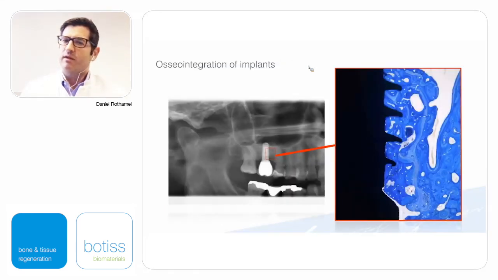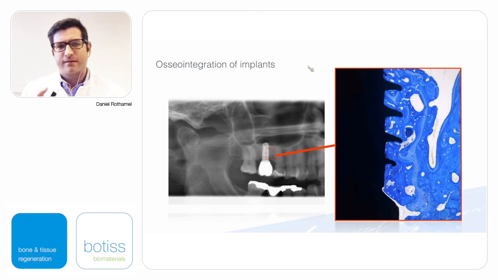When we think about the prerequisite for successful dental implant treatment, we need to have vital bone matrix around our implants, because only this direct contact, the bone to implant contact, allows for the capability to install a crown, to externally load the implant for prosthetic aspects.